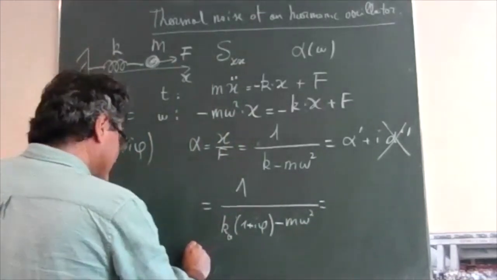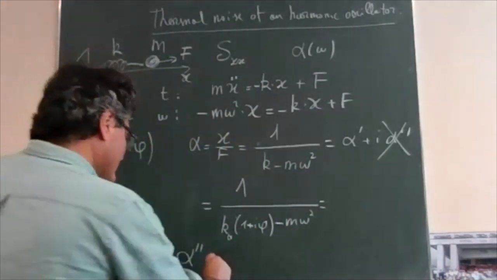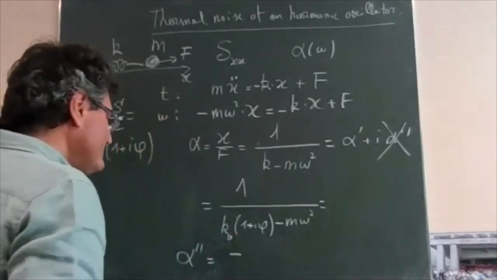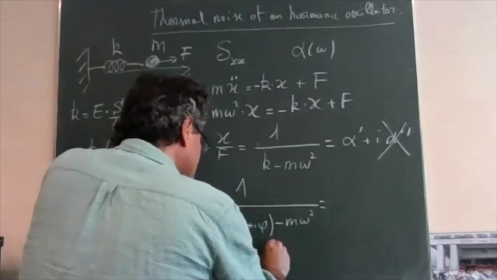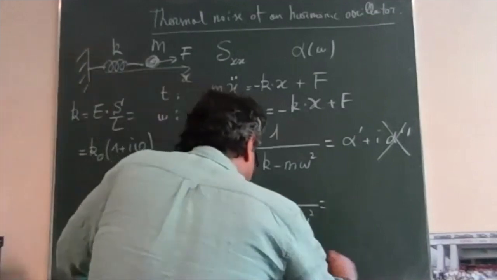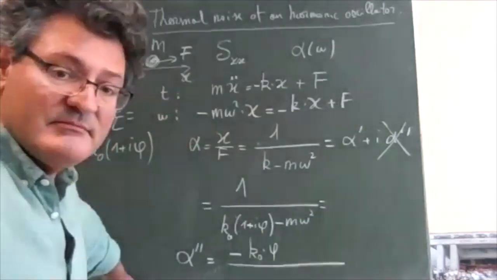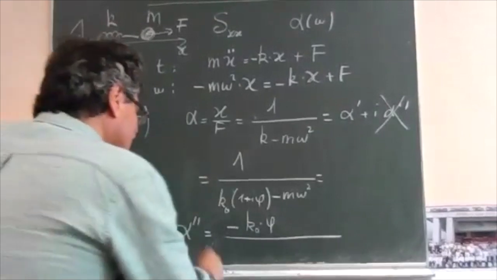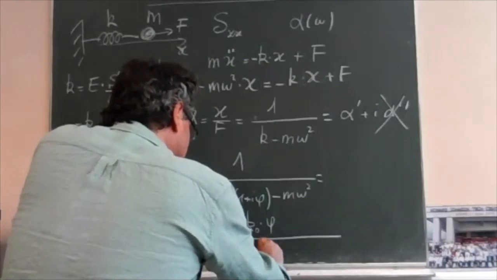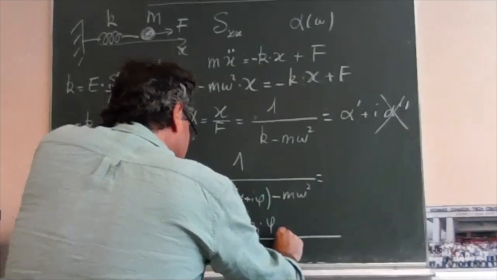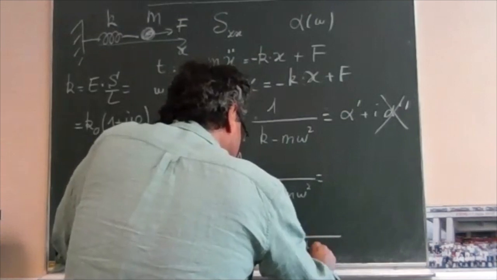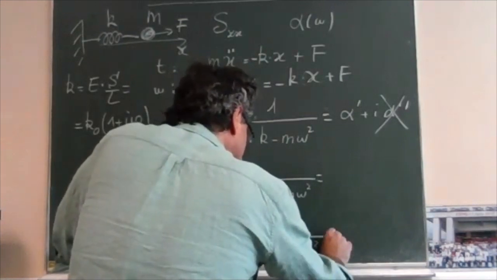The imaginary part is minus k naught times phi divided by (k naught minus m omega squared) squared plus k naught squared phi squared.